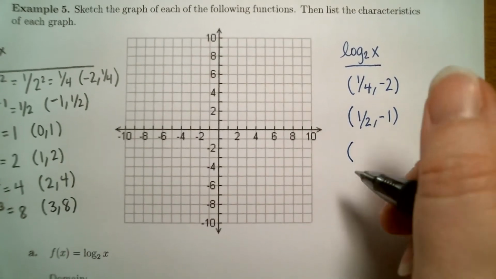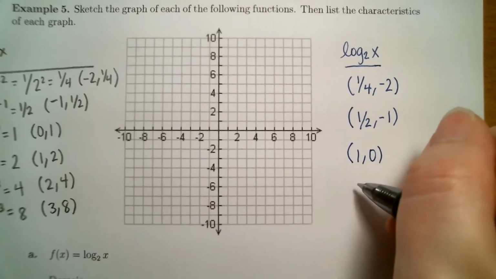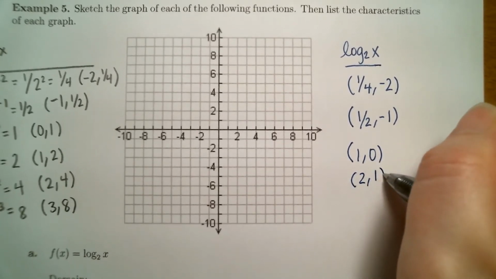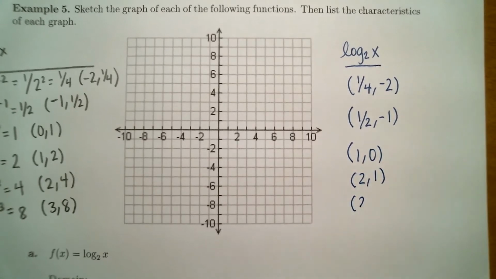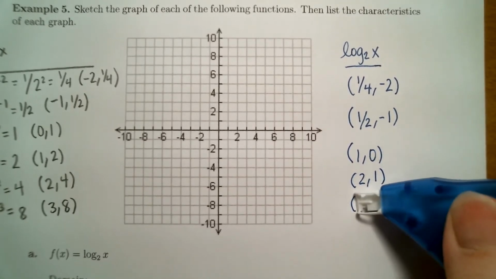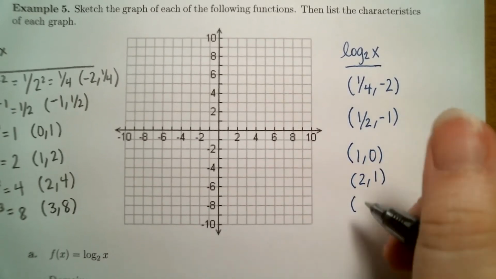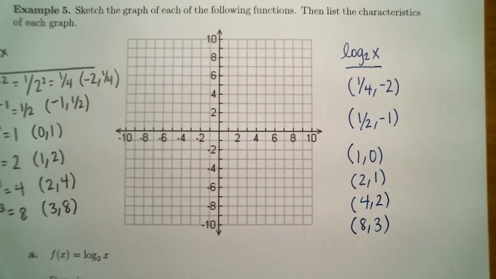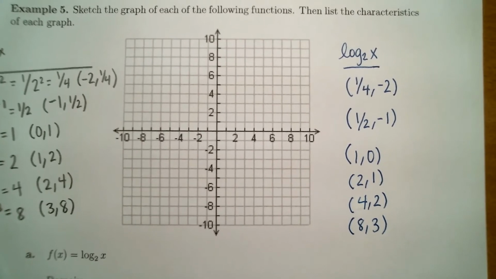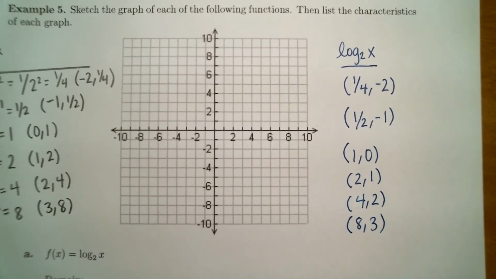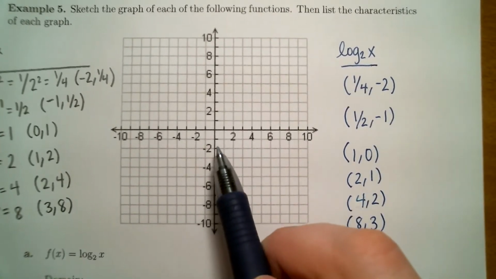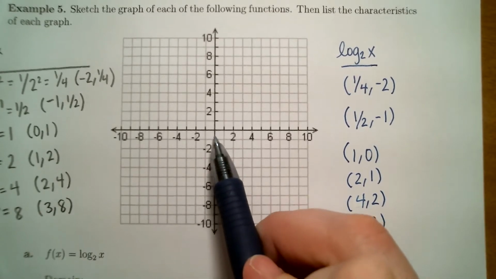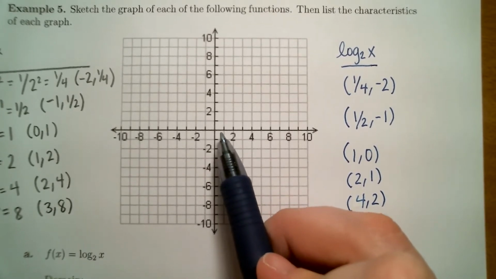So we're going to have 1, 0, 2, 1, 4, 2, and then finally 8, 3. We can go ahead and plot these points and see what this graph looks like. On the first point, 1/4, -2, the x-coordinate is 1/4, so that's like 0.25.